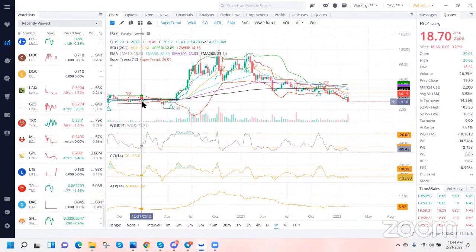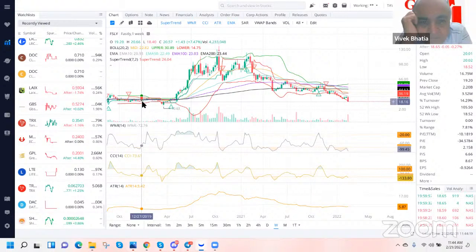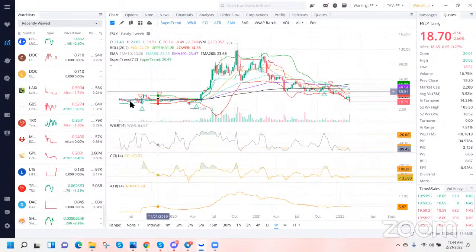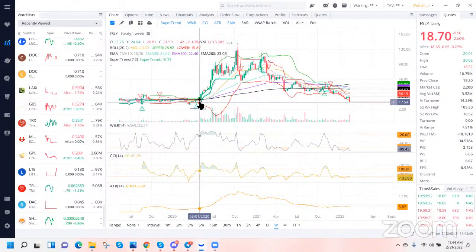If you look at the weekly chart, support is close to 18, 18.16. In the last session, it touched 18.70. In the next session, it could touch close to 18, which could be an entry price, as previously it had good support close to 18.